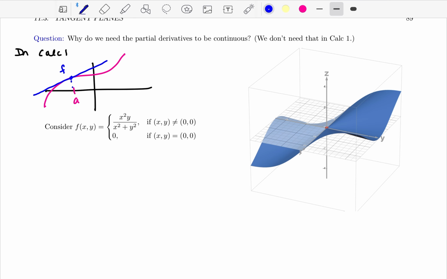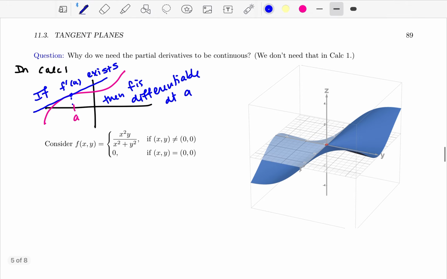This is enough for the derivative to exist. Then we say, if f prime exists, then f is differentiable at a. Now in Calc 3, we need the partial derivatives to exist, but we also need them to be continuous.